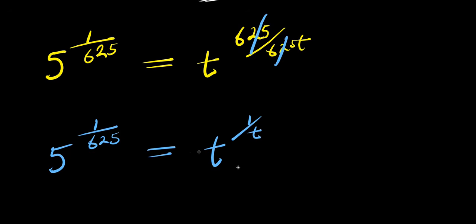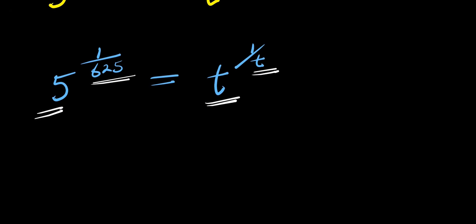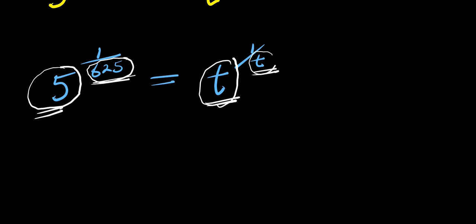Now, if you observe clearly, there is t here, there is t here, this is 5, and this is 65. So what I can do is to ensure that the 5 right here is the same as the 65 right here, so that it will correspond to the fact that the t right here is the same as the t right here.